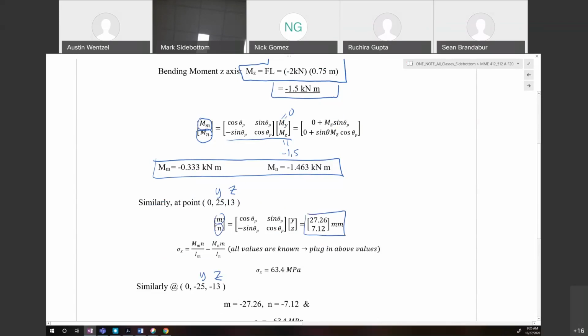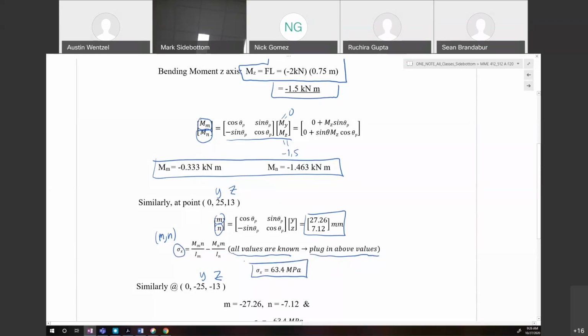Now we have all the terms necessary to solve for our stress at a point m and n. We have our moments of inertia about the m and n axis, and we have the point in the coordinates m and n. So basically all of our values are known. We can just plug in our values that we have solved for, and we can solve for the stress at that point.